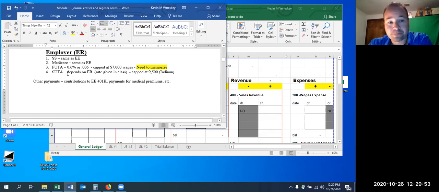The SUTA, well, I'm always going to have to give that percentage to you because it varies depending on the company. The SUTA cap for Indiana is slightly higher than the federal, and it's capped at $9,500 of your taxable wages. So we're at $6,700. We're probably not going to hit that cap yet.